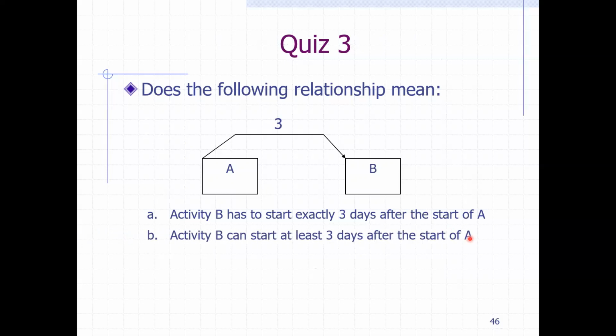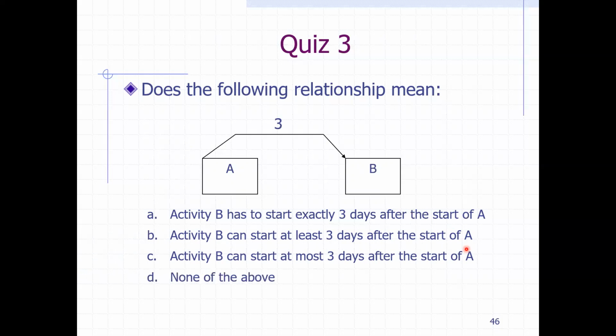Activity B can start at least 3 days after the start of A. Or activity B can start at most 3 days after the start of A, or none of the above. Which option is the correct one? Well, again, look at it and answer it, and the answer is A, because activity B has to start exactly 3 days after the start of A.